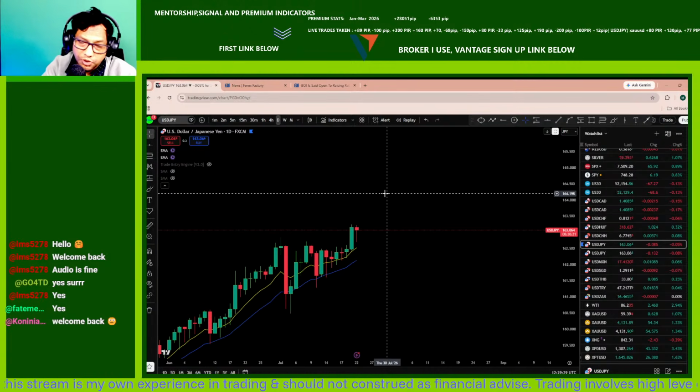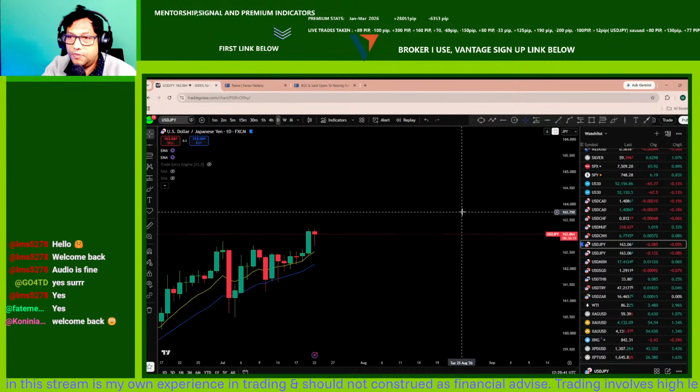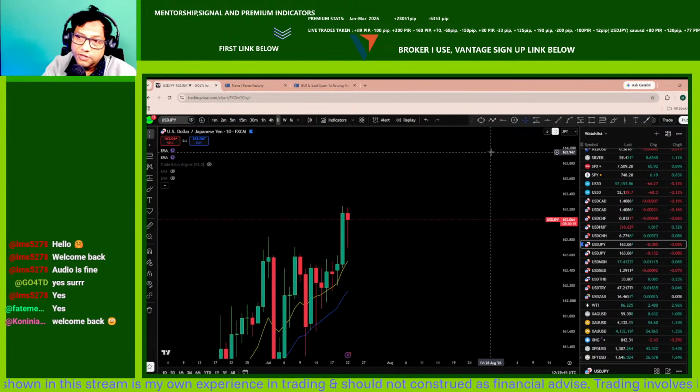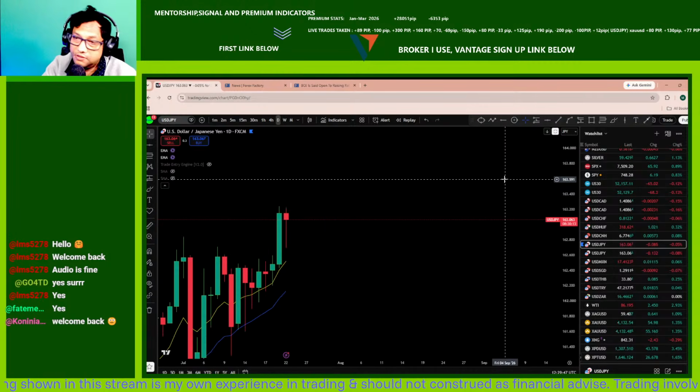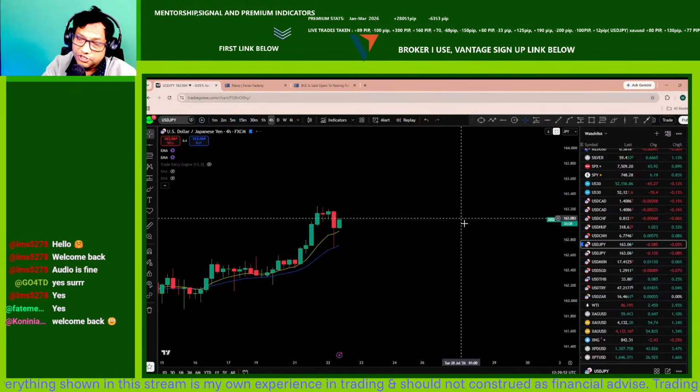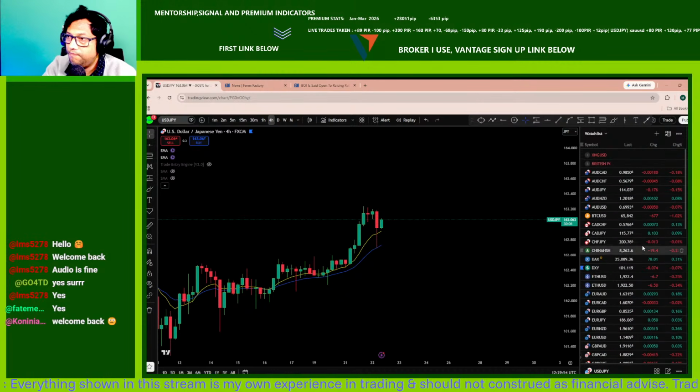Inherently, JPY is weaker because of the BOJ's low interest rate policy. But now they are thinking of going up. But we see the trend is still in this direction on USDJPY.